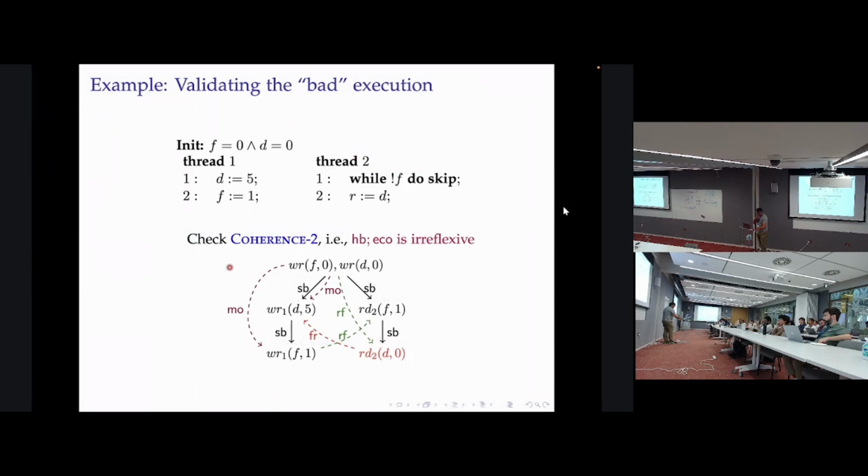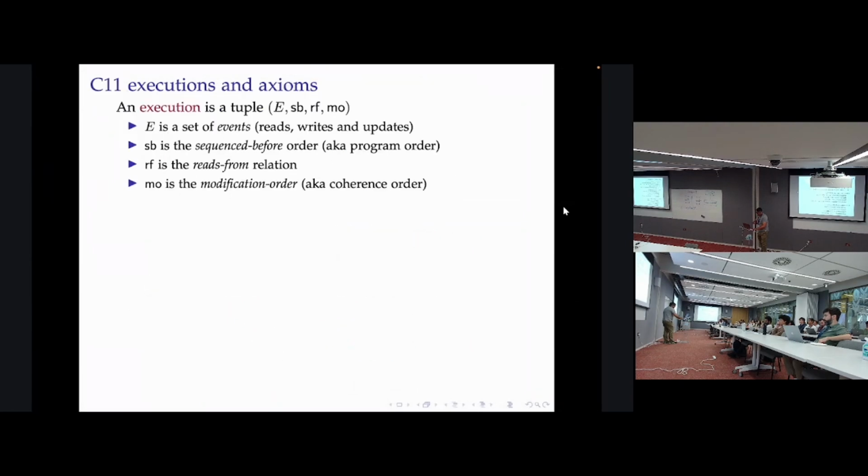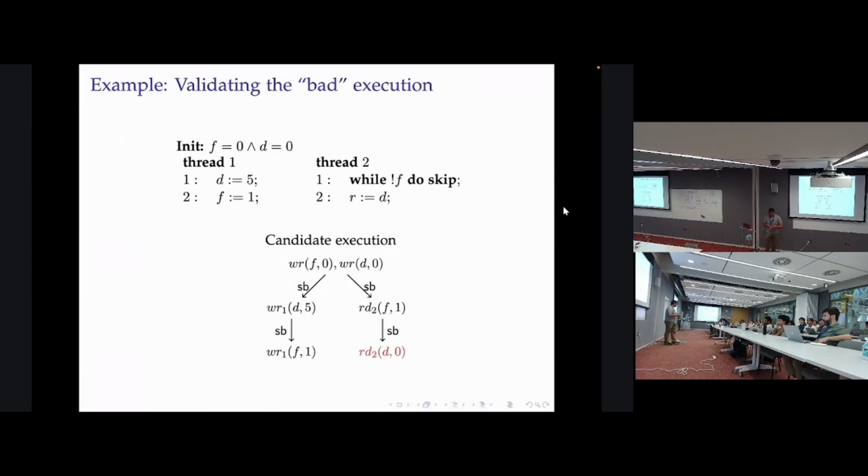Okay. So I'm going to show you an execution of this program. This is more or less morally the same as the other program where we did that little exercise. I wish I hadn't erased it now.